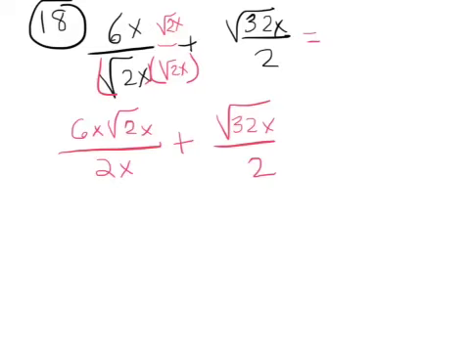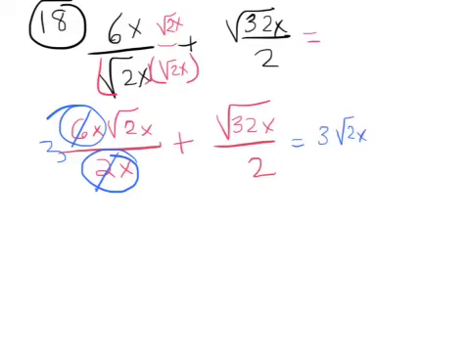Well, if I look over at my first expression, I've got 6x over 2x, which simplifies to 3. So I've got 3 radical 2x plus the square root of 32x over 2. But I can simplify this a little bit too, right?